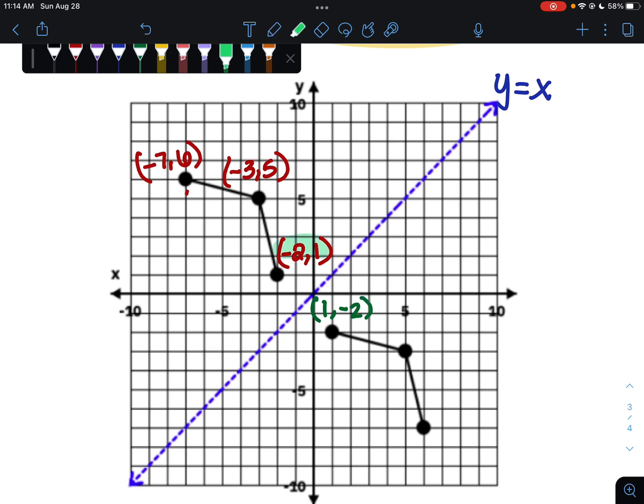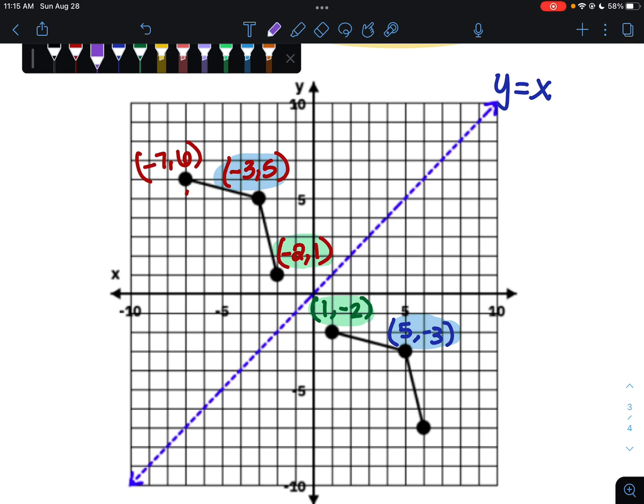So this and this, the x and y values are flipped. Therefore, so far we're on a good track. Now I go to the next one, which is 5, -3. If I look, that is a flip of those 2 points. So again, we're on a good track.